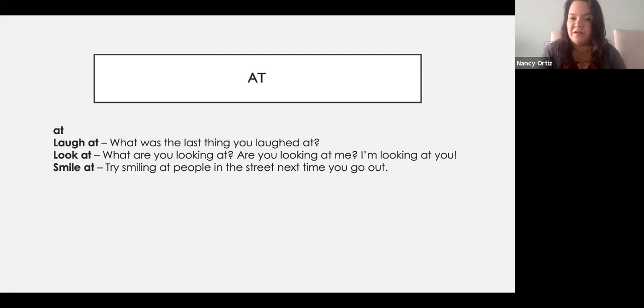That's the dependent preposition. If somebody asks you, what are you looking at? All you have to do is describe the thing or the object you are observing in the moment. That question can be a little aggressive, so it depends on the context. But that's okay if it's not said in an aggressive way.